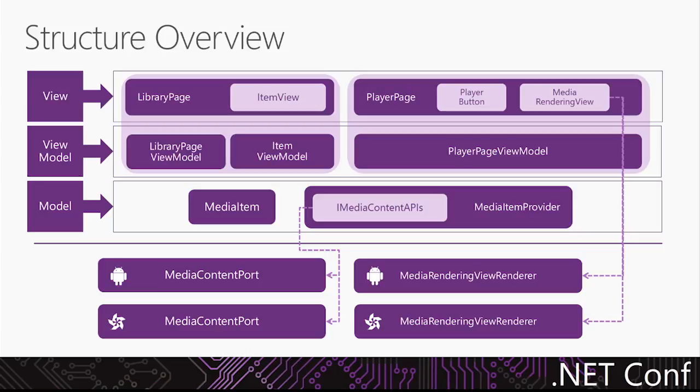In the model, it'll use the platform-specific API to retrieve the media content residing on the platform. In the view, on the play page, there is a media rendering view which will render the video content. The video content will be implemented using a custom renderer, so it'll require help from the platforms.